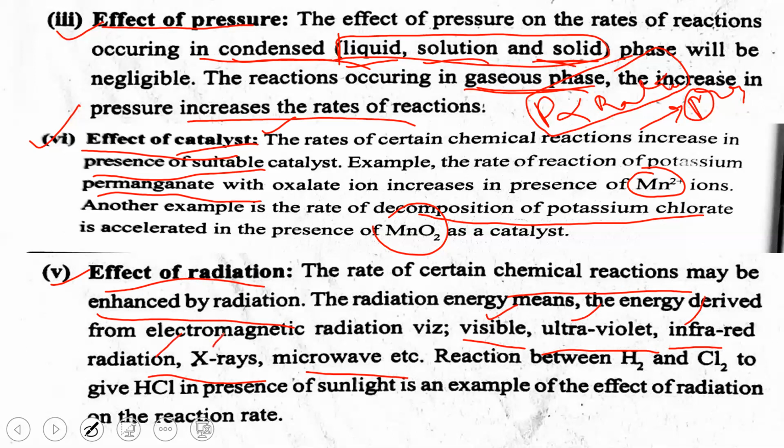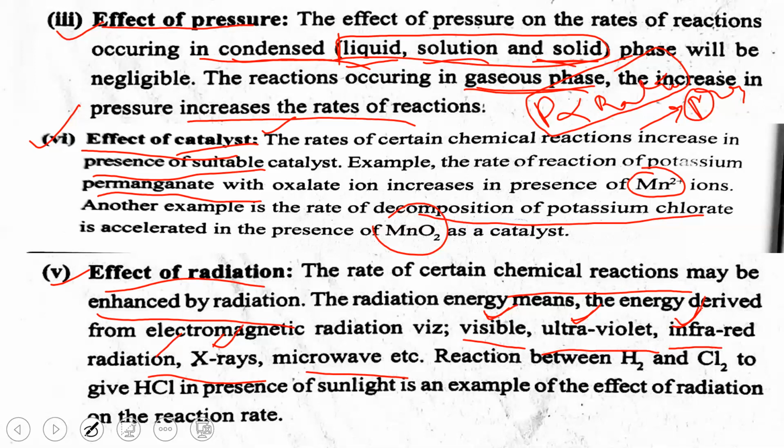There are some reactions that will undergo only in visible light, or only in ultraviolet, or X-rays, or infrared. Finally, we can say that the rate of the reaction also depends on the radiation. Radiation also affects the rate of the reactions.